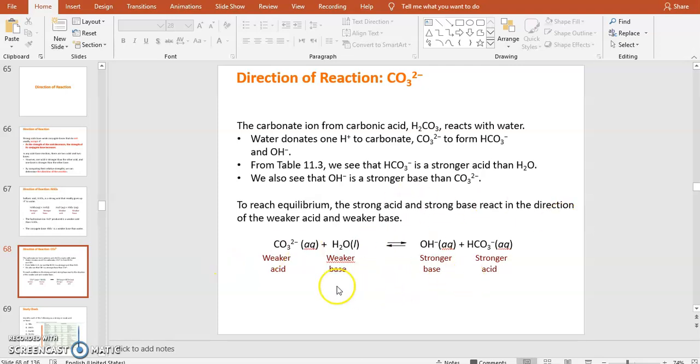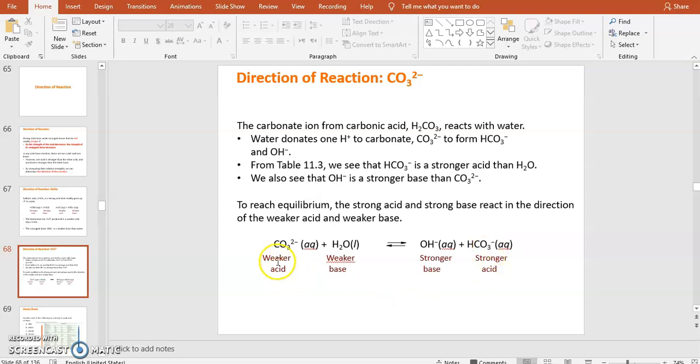Direction of the reaction again. CO3 plus H2O, again this is a weak acid. If this is an acid, this will be the base. And which one has a hydrogen ion at the beginning? We have this, so this will be the stronger acid.